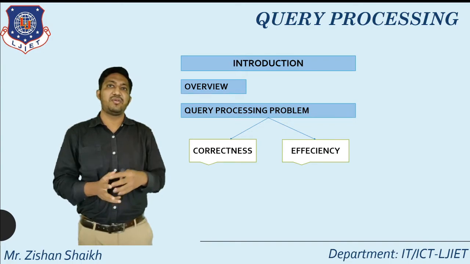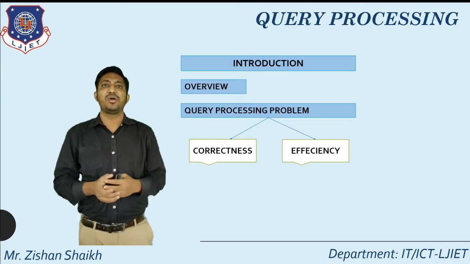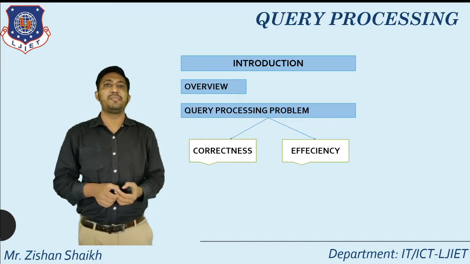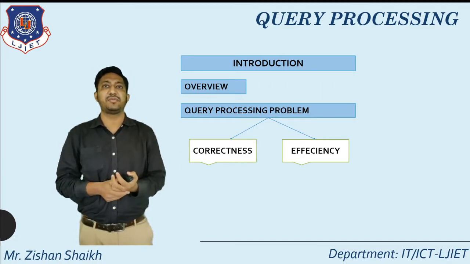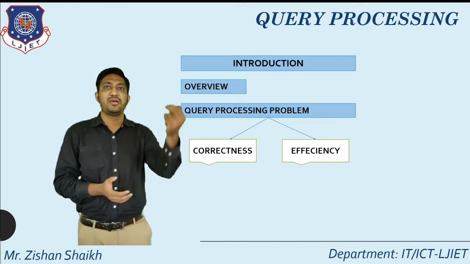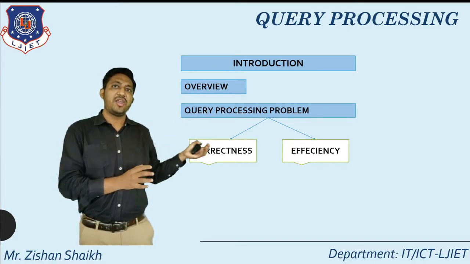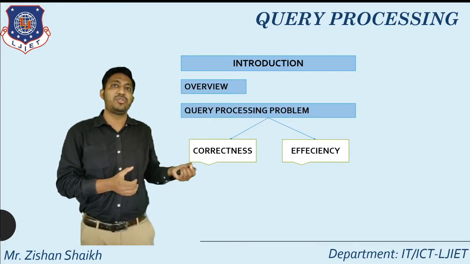When we are converting our query into the relational form, we check whether the query is converted exactly or not. For example, a real-time example: select star from student table. This is my relational query. But if I want to execute that query using the query processor, how exactly does the query processor execute it?